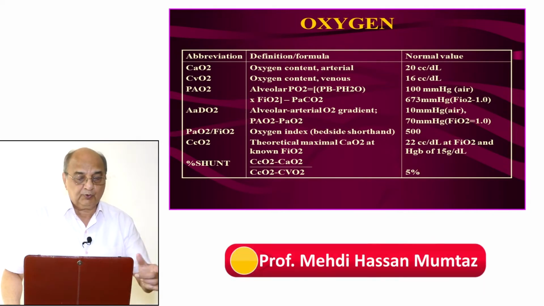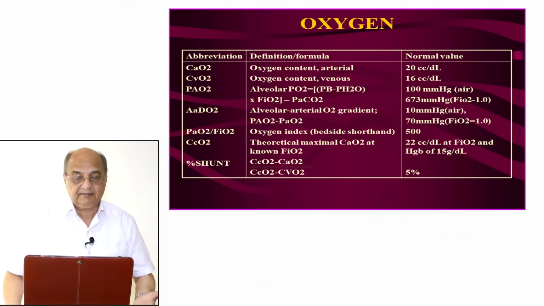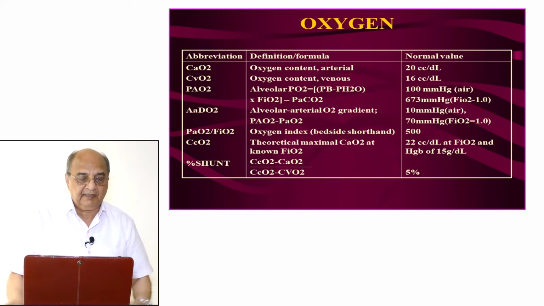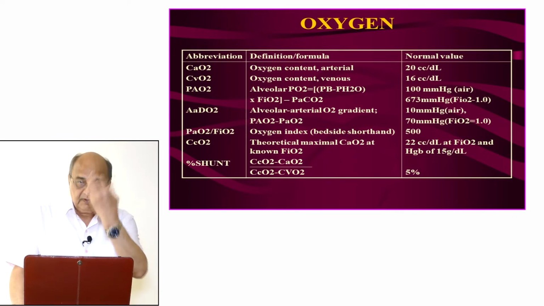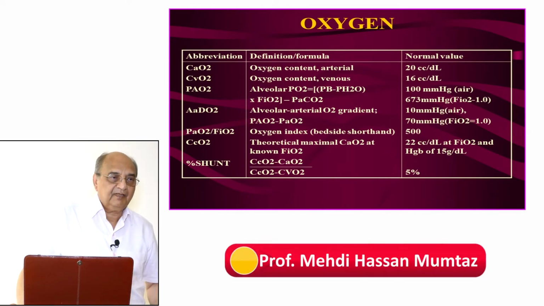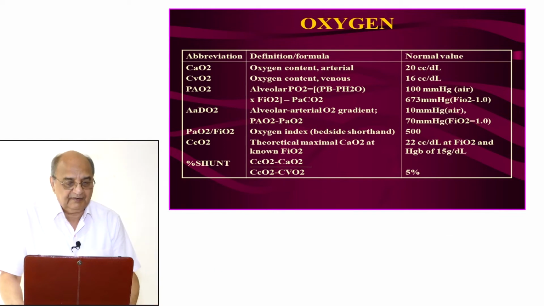PAO2, the alveolar partial pressure of oxygen, is about 100 to 108, and small PaO2 is about 100. The difference is the A-a gradient. Then we make the ratio of inspired oxygen concentration to the partial pressure of oxygen in the blood. It is usually a 1:5 ratio. That is called the oxygen index.